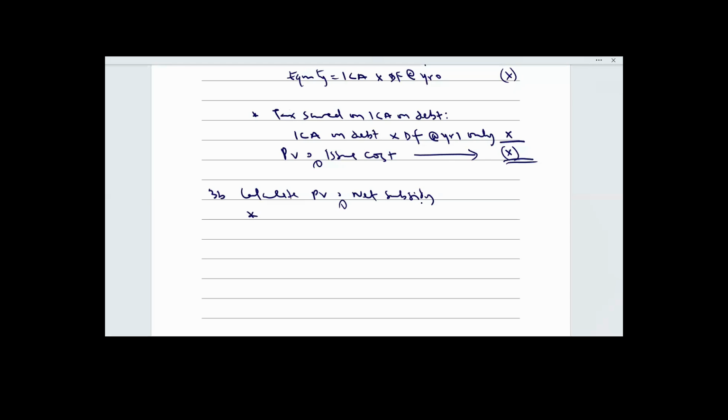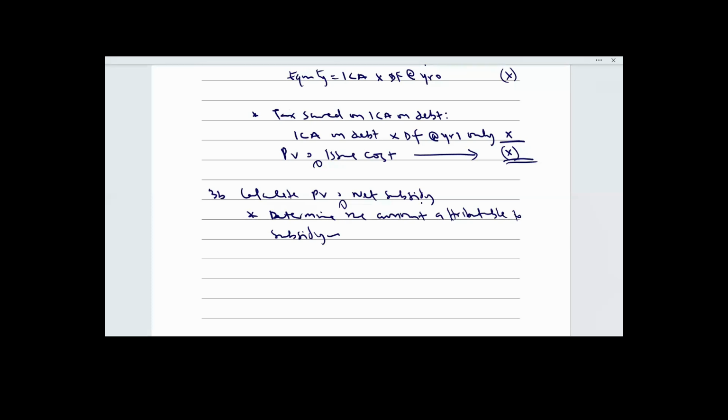Step 1, determine the amount attributable to subsidy. How do you do this? Very simple.